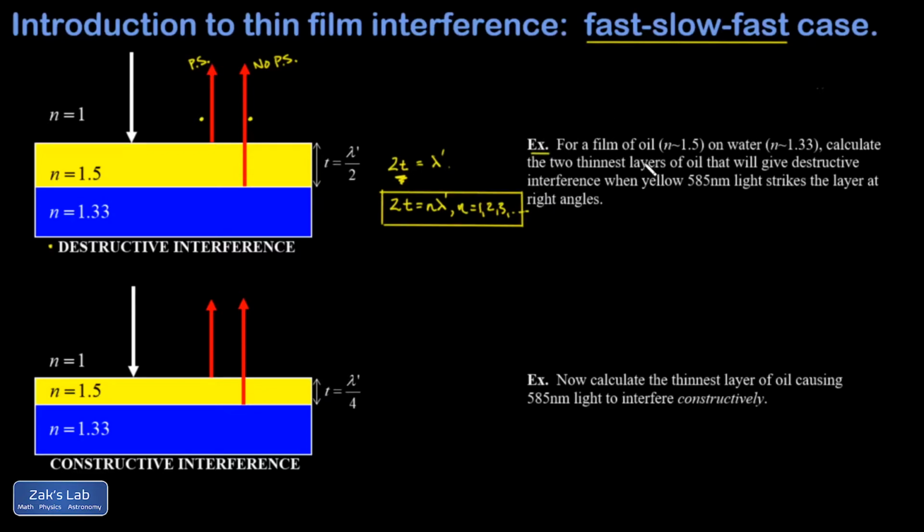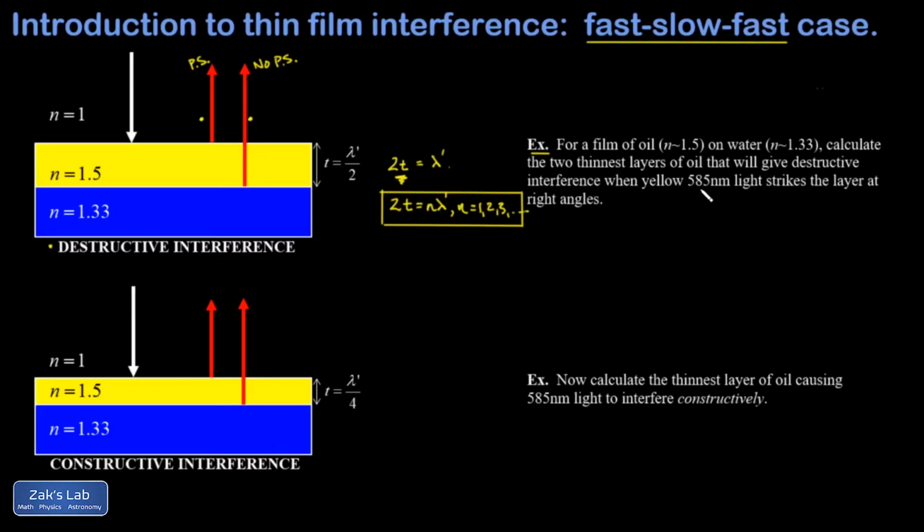So we're told for a film of oil with index 1.5 on water with index 1.33, calculate the two thinnest layers of oil that will give destructive interference when yellow 585 nanometer light strikes the layer at right angles. So the first step in these problems every time, it's so easy to forget, but remember the wavelength of that light.